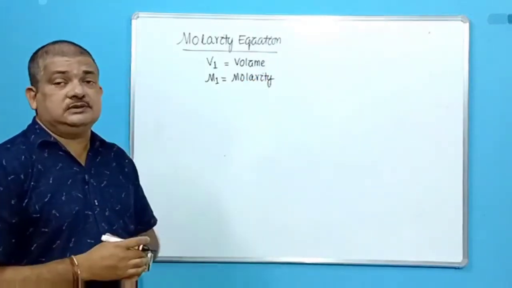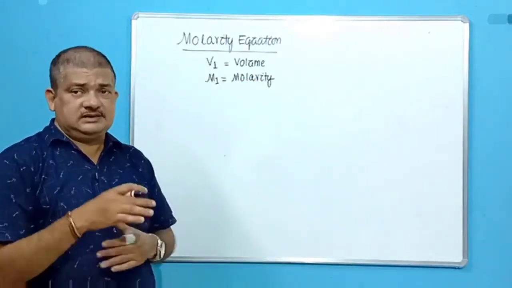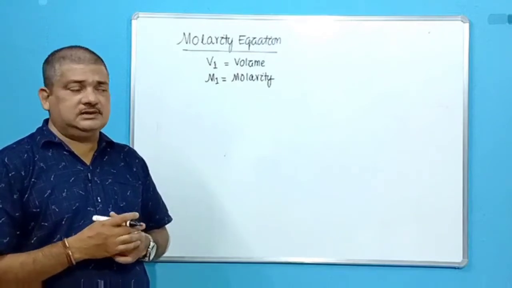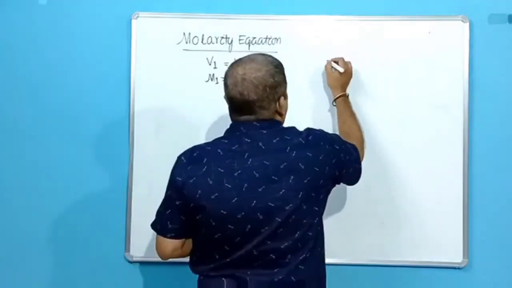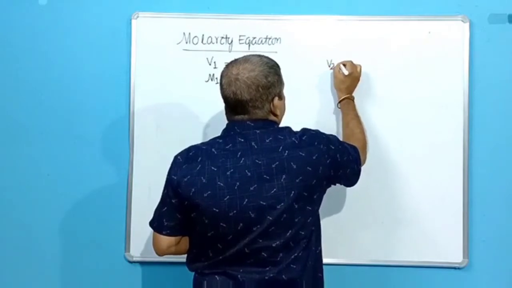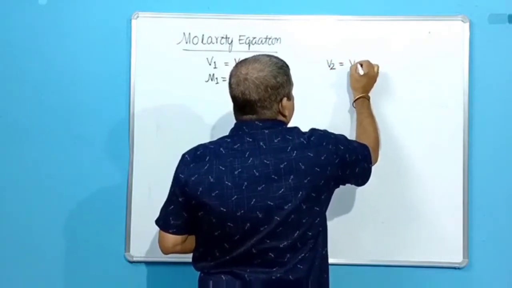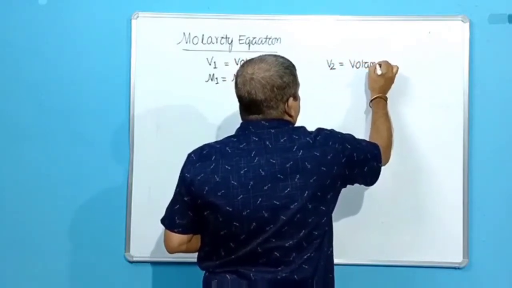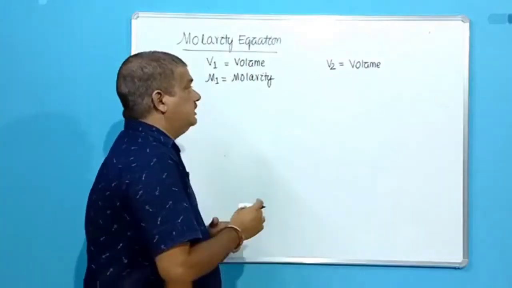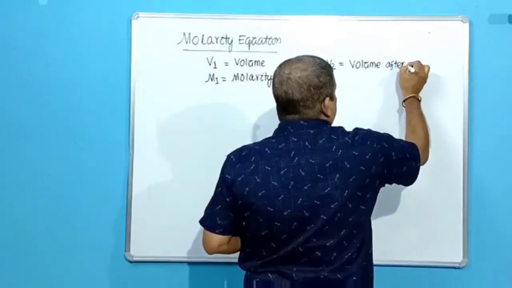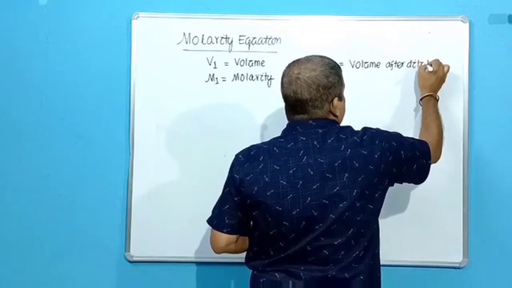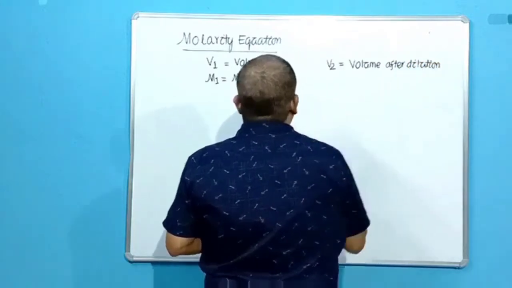Then we will dilute the solution. Dilute means add the solvent. Dilution means addition of solvent. When we dilute the solution, the volume will change to V2. So this is the new volume after dilution, that means after addition of solvent.